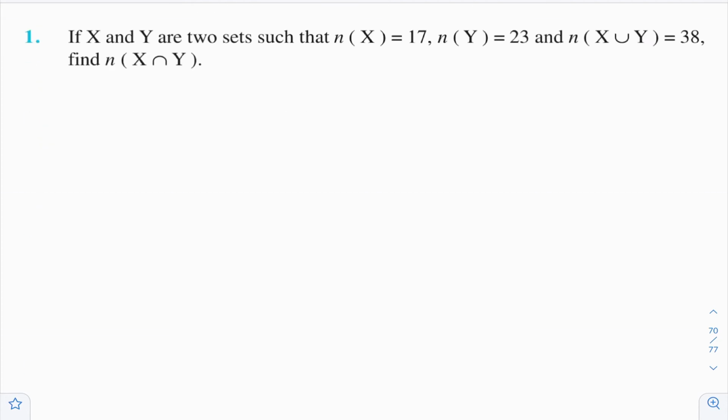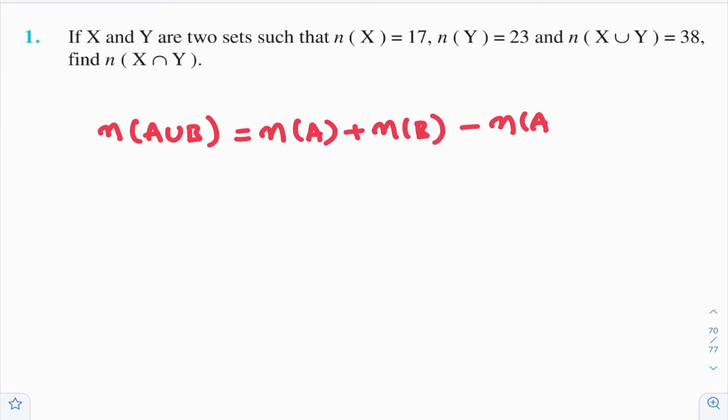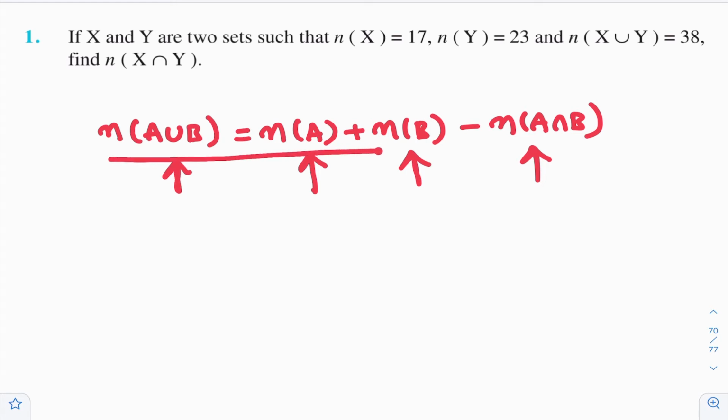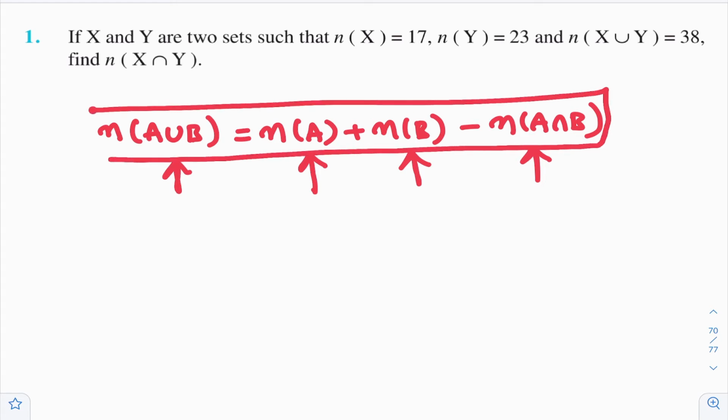So first let's see what that formula is. In the theory part we learned that N of A union B equals N of A plus N of B minus N of A intersection B. Here N of A means number of elements in set A. N of B means number of elements in set B. N of A intersection B means number of elements in A intersection B. N of A union B means number of elements in A union B. This complete exercise runs on this formula only. So we are going to use this formula very frequently.